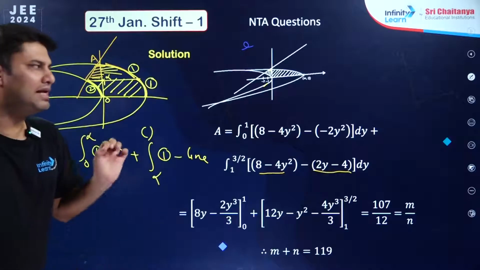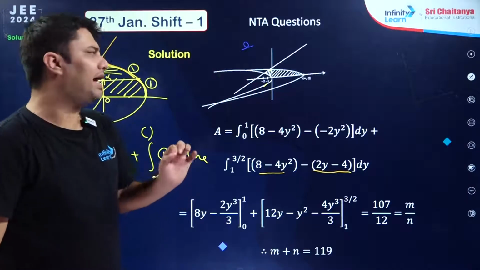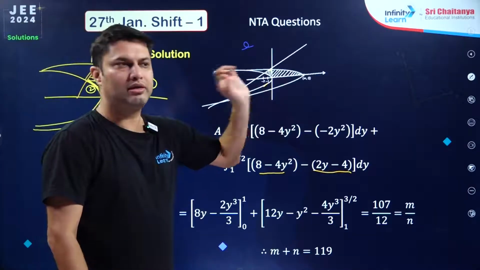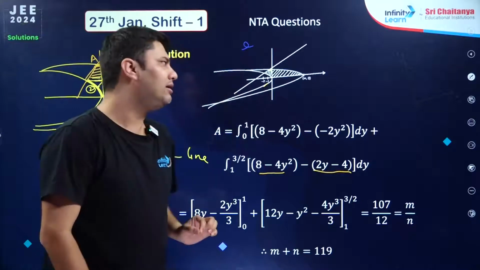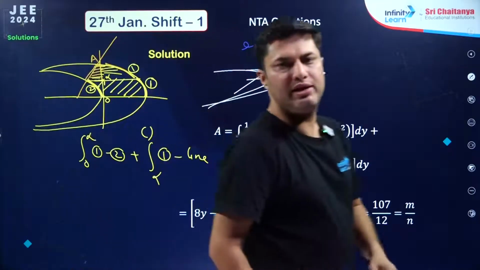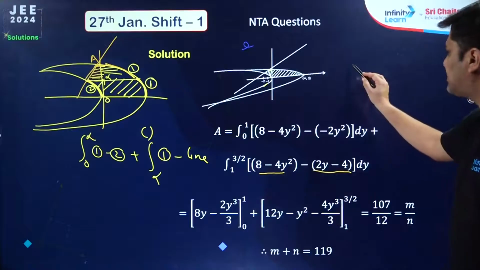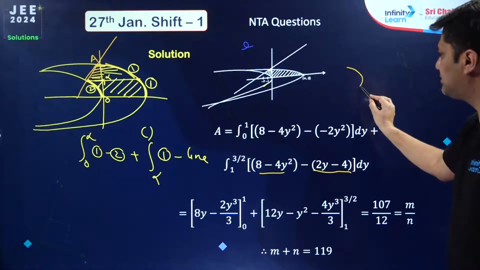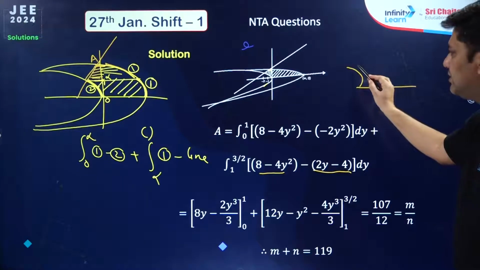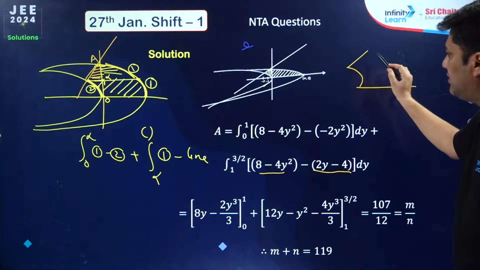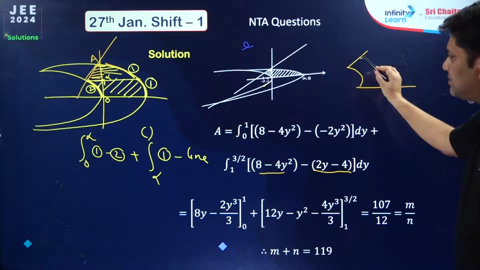The first main thing is to draw the diagram and shade the right region according to the inequality. This is x-axis, and this is the line, something like this.